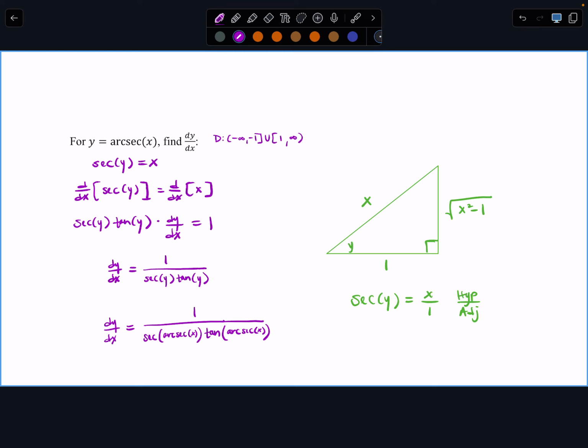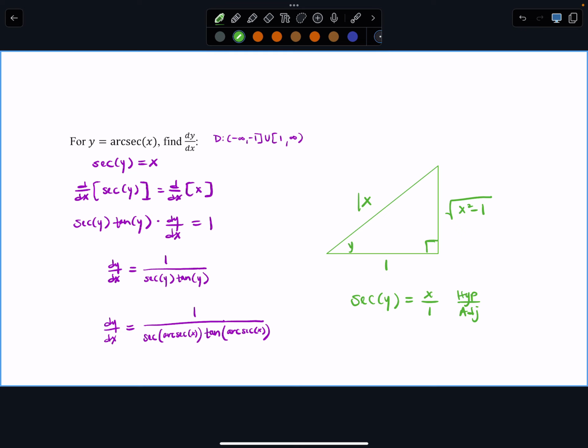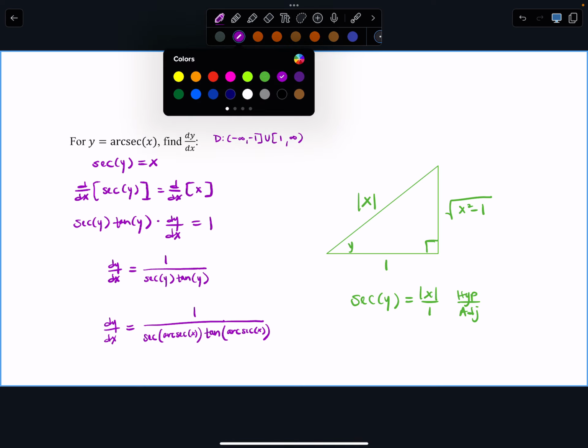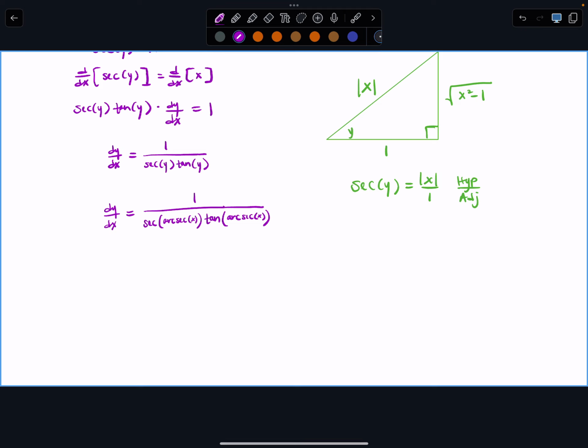But based on the domain of arc secant, x could technically be negative. So to resolve that issue, what have we done in the past? We're going to slap some absolute value bars on there, which means that secant of y can be replaced with absolute value of x.